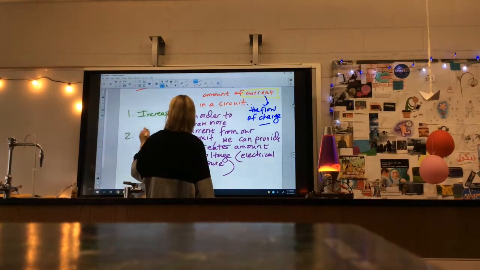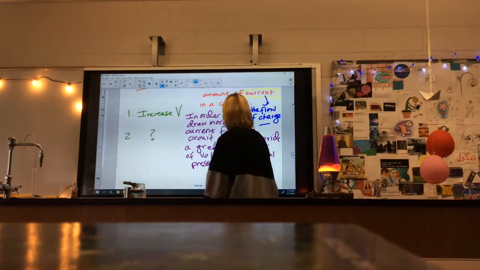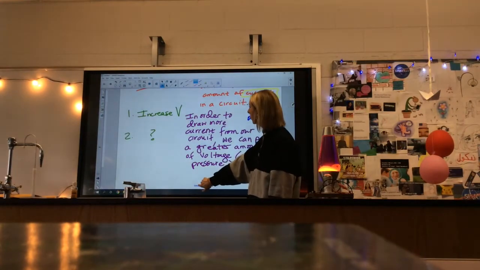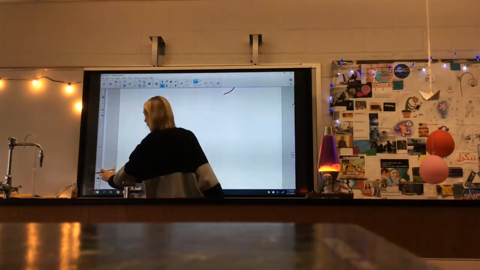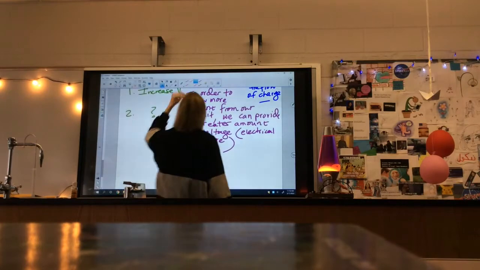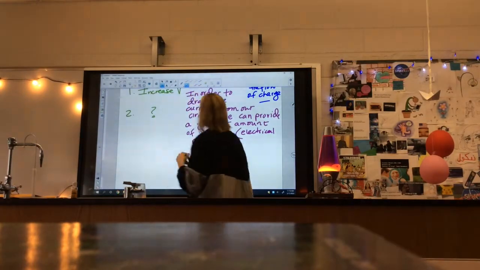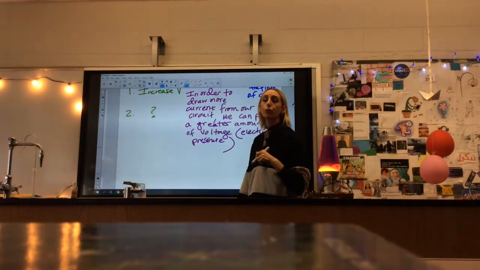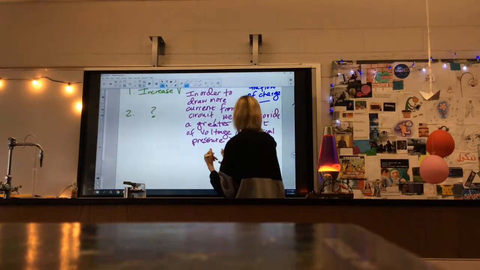And what is the other thing we can do? Well, if we minimize the amount of resistance in our circuit, then we will get current flowing through that circuit much faster. In other words, we'll have a greater amount of current.